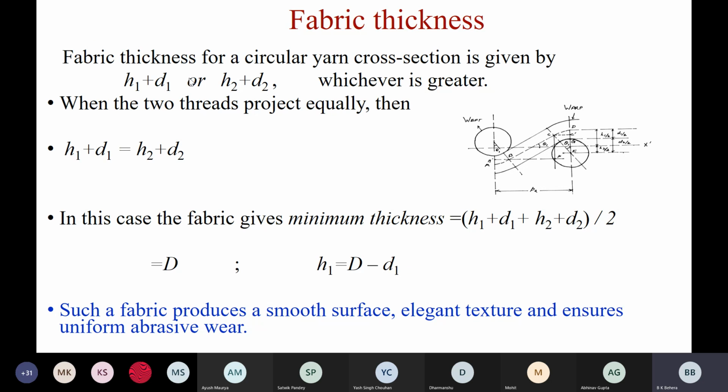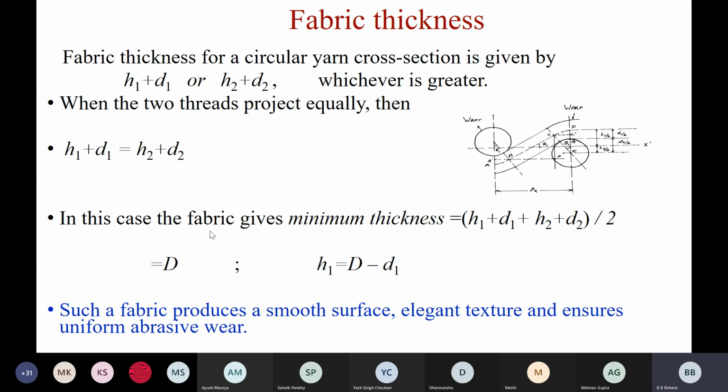For that reason, the formula could be H1 plus D1 or H2 plus D2, whichever is greater out of these two. Remember, this is the formula for fabric thickness. Many times this will come, and also in numerical problem will be asked to do this. Fabric thickness is H1 plus D1 or H2 plus D2, whichever is greater. When two threads project equally, this H1 plus D1 will be equal to H2 plus D2.